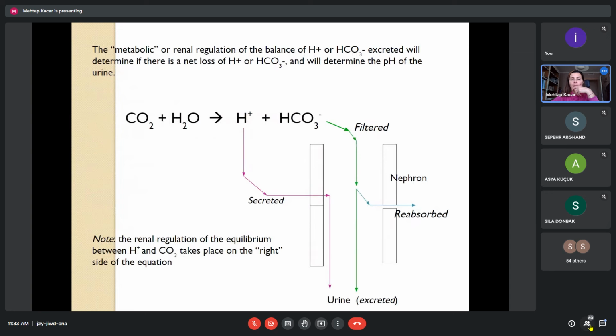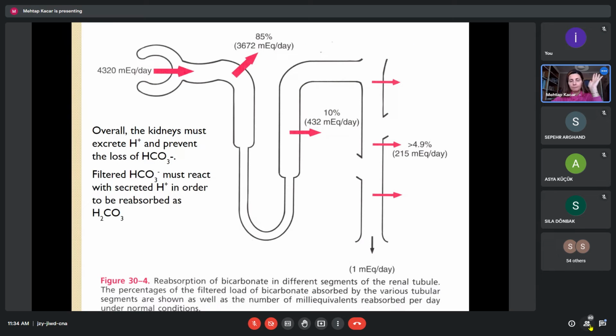You can see a reaction in kidneys. Carbon dioxide and water give carbonic acid, but carbonic acid dissociates into hydrogen ion and bicarbonate ion. We secrete this hydrogen ion and we reabsorb bicarbonate ion, as a summary.